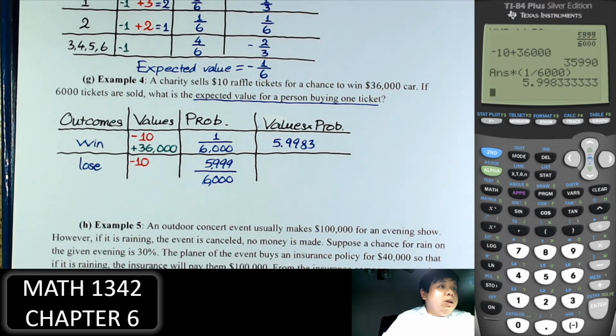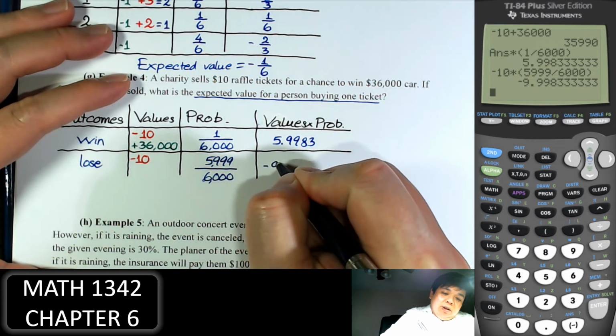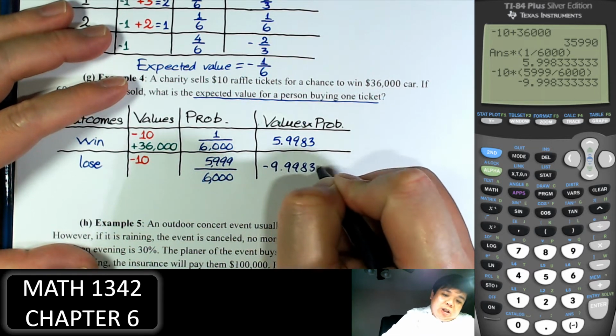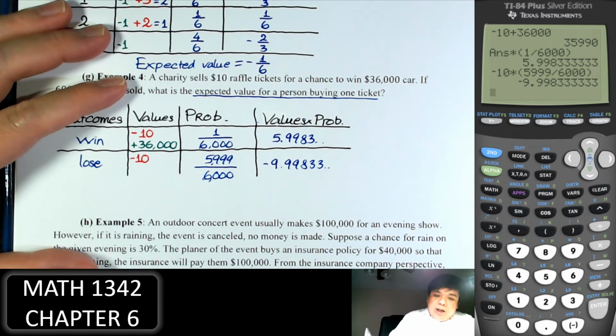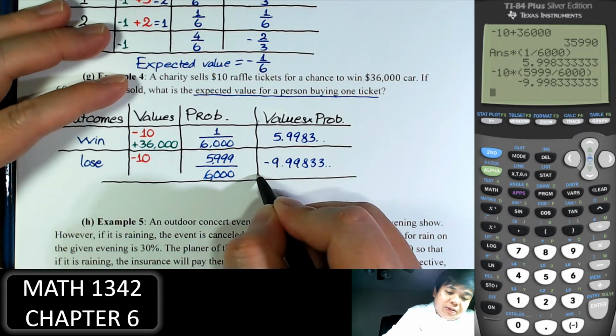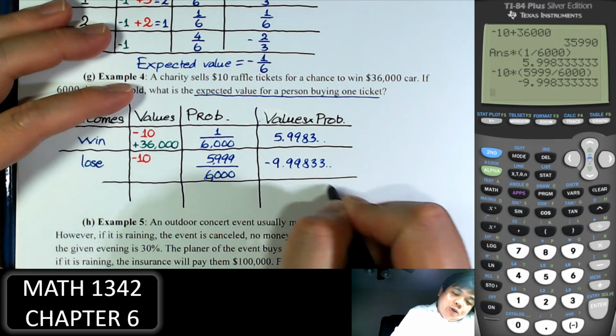Now the chance to lose: negative 10 times 5,999 divided by 6,000 is negative 9.99833 something. The expected value is found by adding the last column. So the expected value will be here.